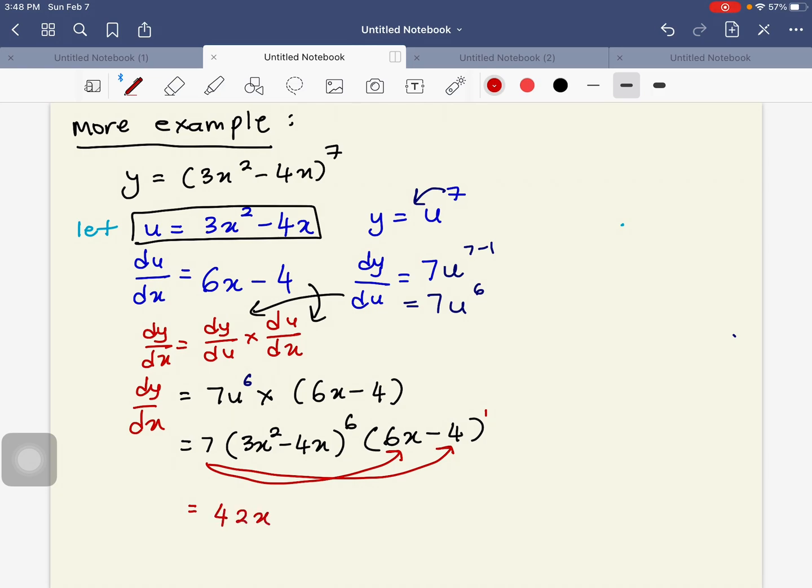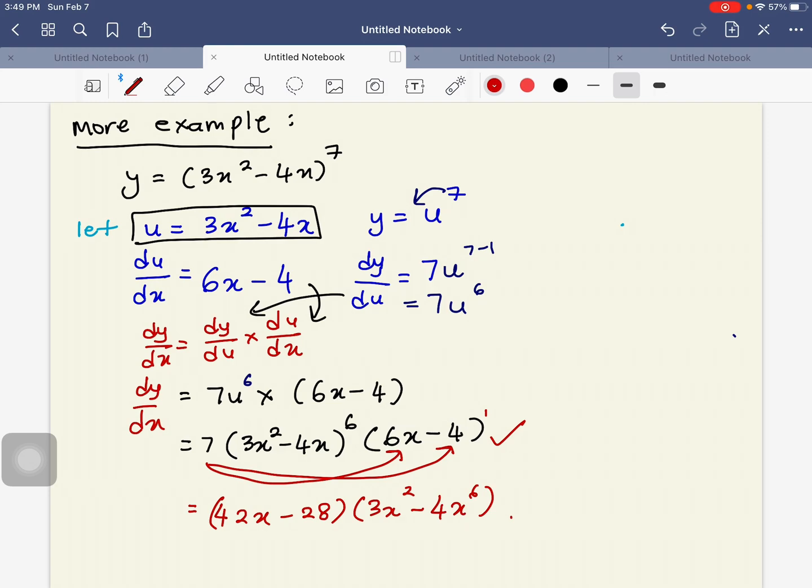42x. Okay, 42x tolak 28 darab 3x kuasa 2 tolak 4x power of 6. Ataupun boleh tak kecilkan lagi? Nak kecilkan ke tak nak? Or you can simply letakkan jawapan begitu, tak ada masalah langsung.